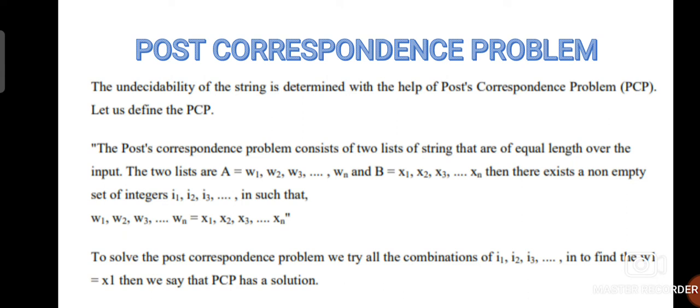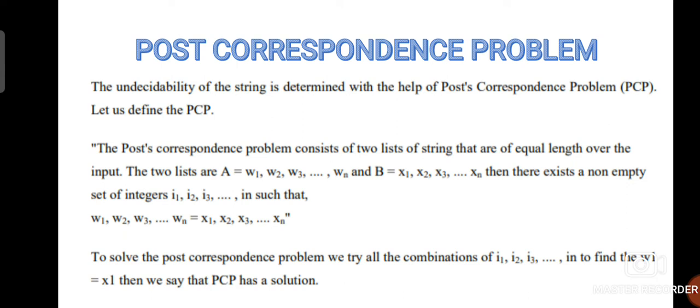B is the second list having the sequence of strings like X1, X2 up to Xn. Then there exists a non-empty set of integers like I1, I2, I3 such that by arranging the strings from the list as per the integer order, we can equalize the strings of both lists.